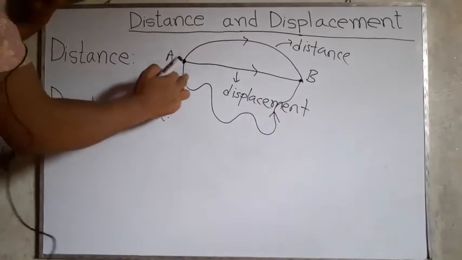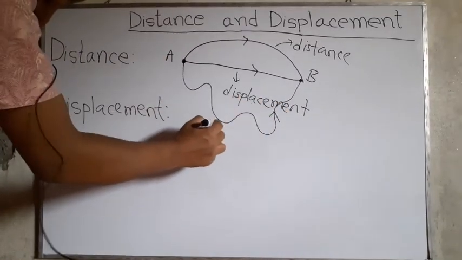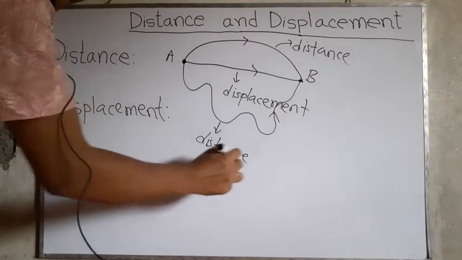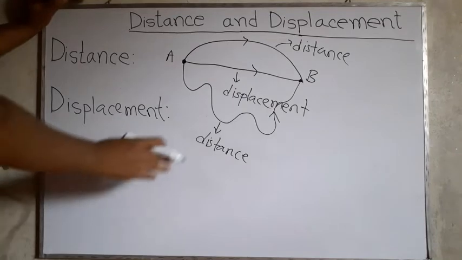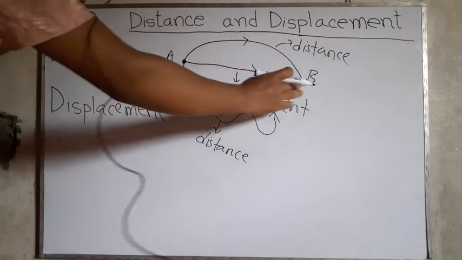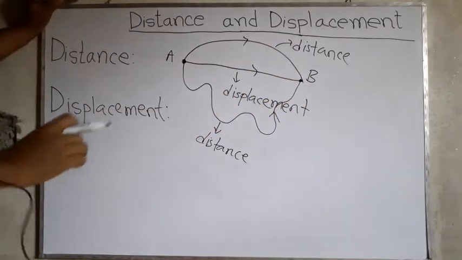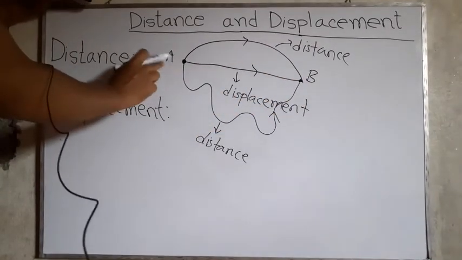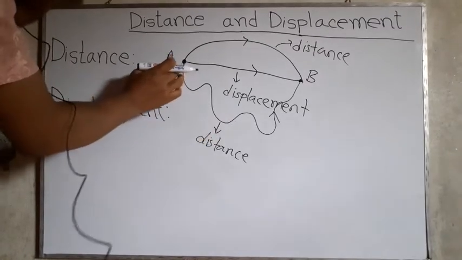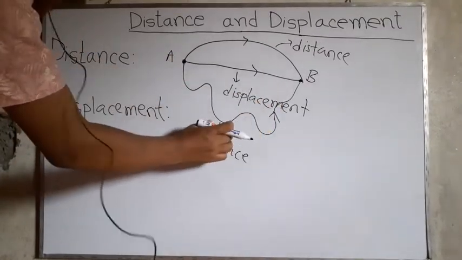Now, the length of this path will be your distance. And here initial position is fixed at A and final position is also at B. Therefore, if you follow this path, the total length of this path is your distance.